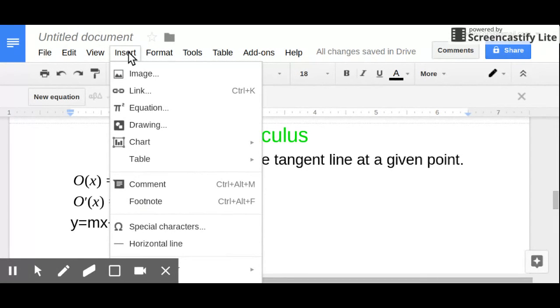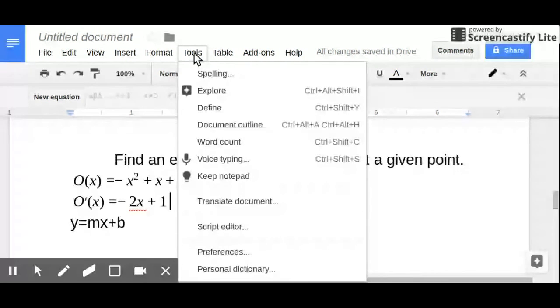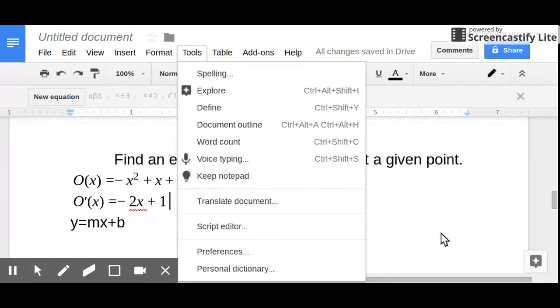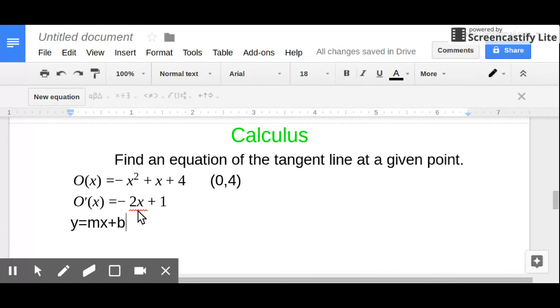I've never had that problem before. I don't know. Let's just deal with it, I guess. It's saying there's a spelling problem. Taking up my valuable time here.